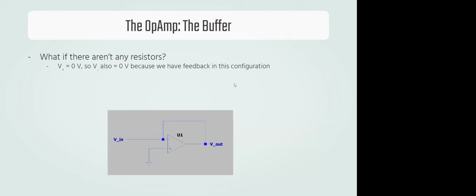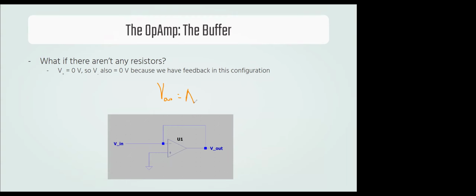But, yeah. I don't want to talk about this, but this is just a buffer, okay? V in is forced to be equal to V out here. That's all this is. V in has to equal V out because they're tied to the exact same node. And again, you might be confused because you say, oh, well, V out equals the open loop gain times V plus minus V minus.